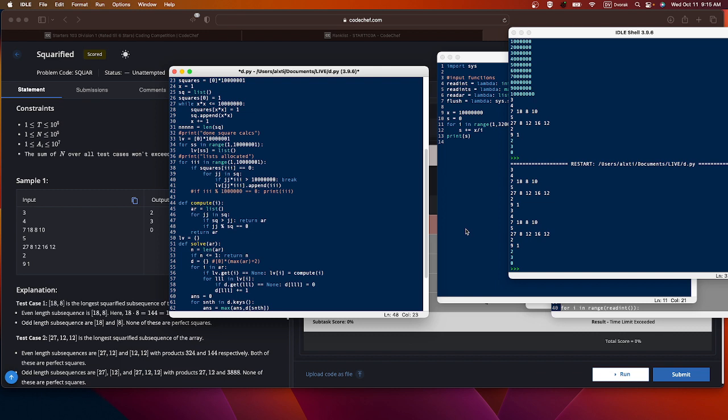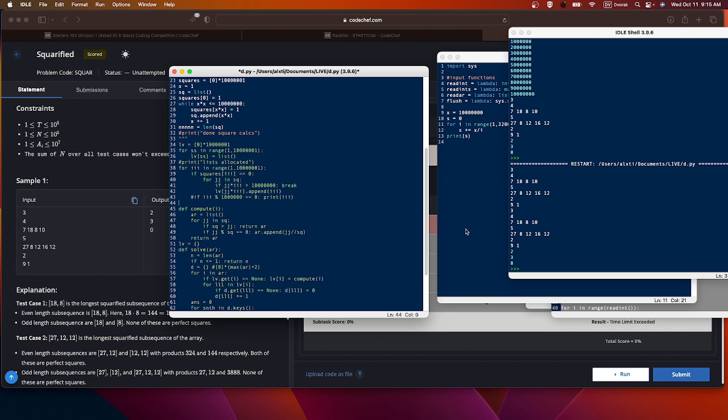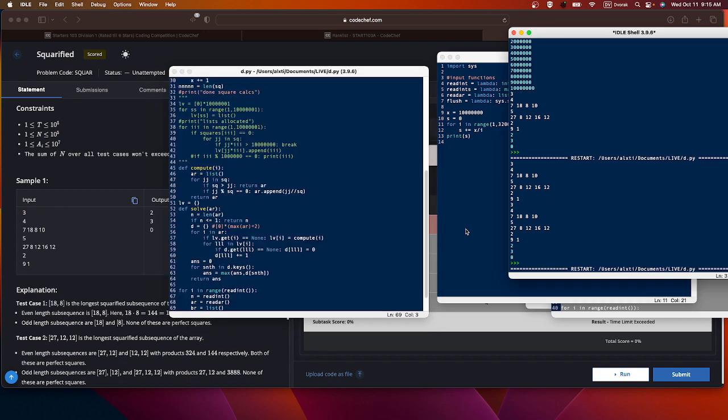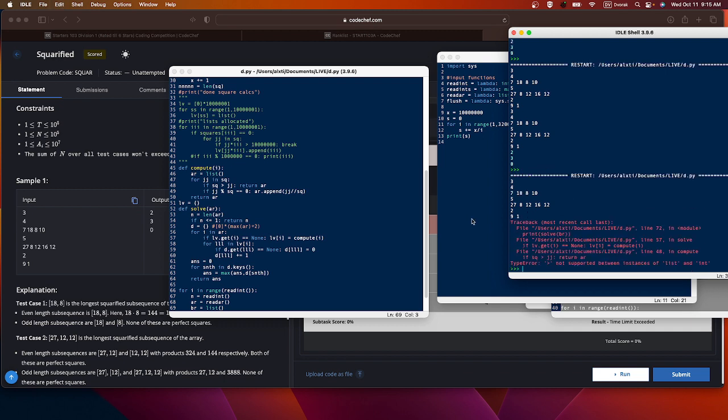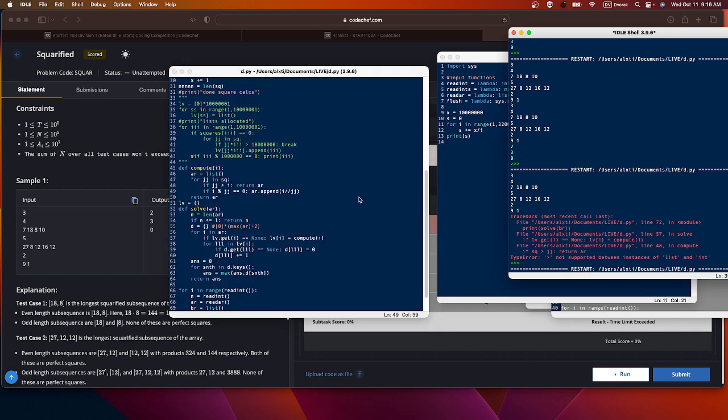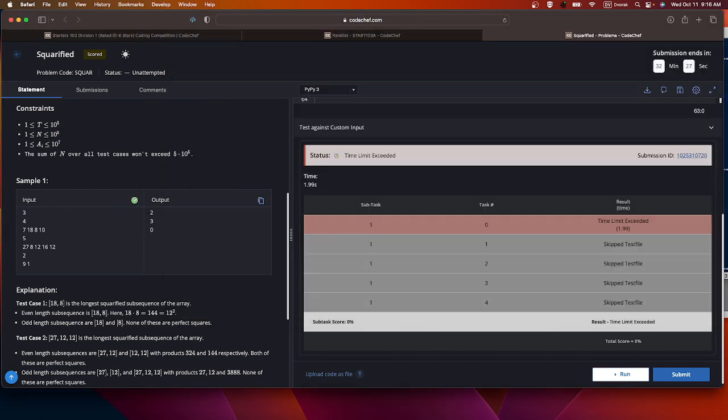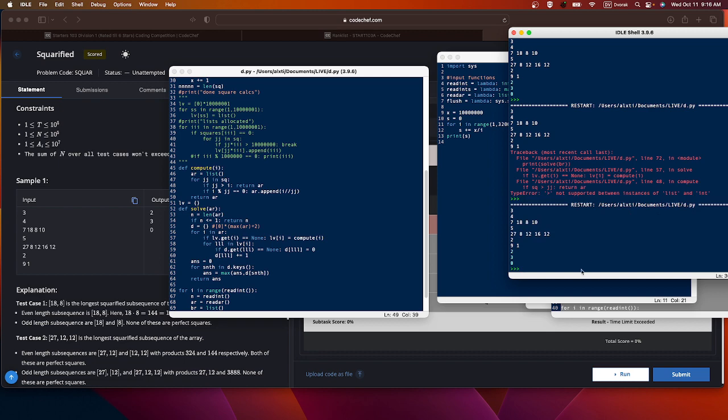So if it's divisible by the square, but it's not the square. And in theory, this should give the exact same result. 230.